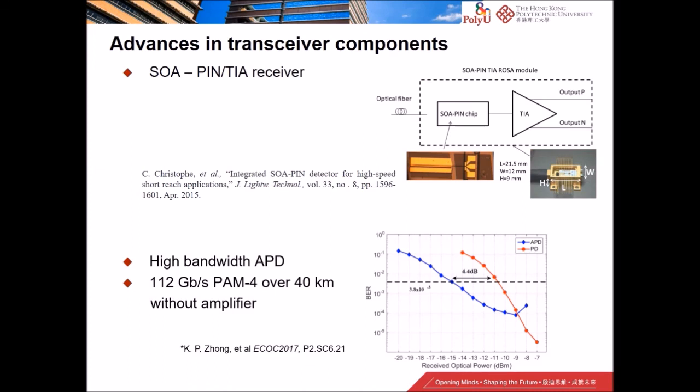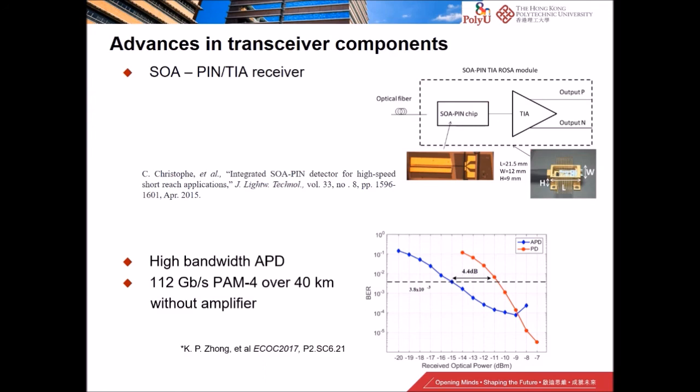Another approach is to use APD, avalanche photodiode. There are new avalanche photodiodes with high bandwidth. We managed to obtain one of these newer APDs from Silicon Photonics.